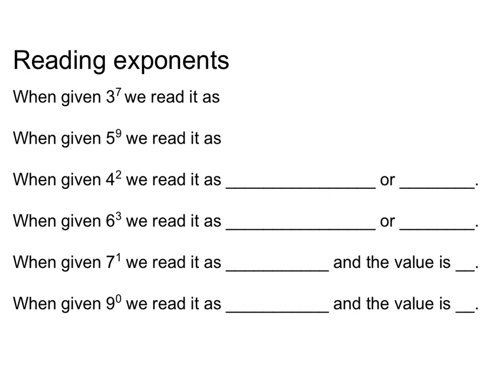So when you are given 3 and then with a small 7, we read it as 3 to the 7th power. So that's how we would read exponents.